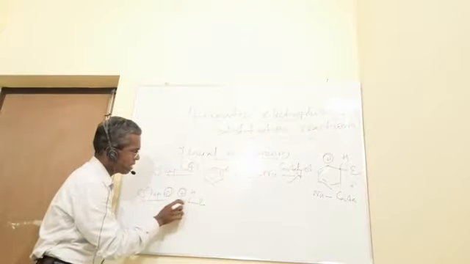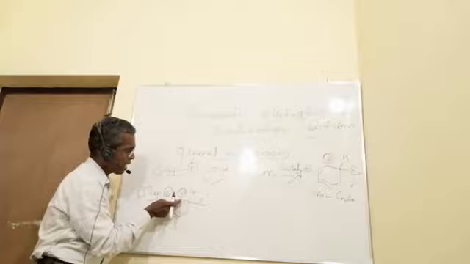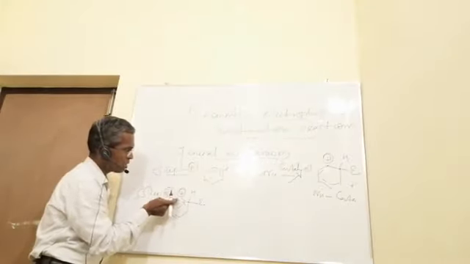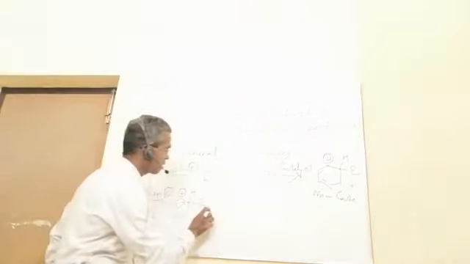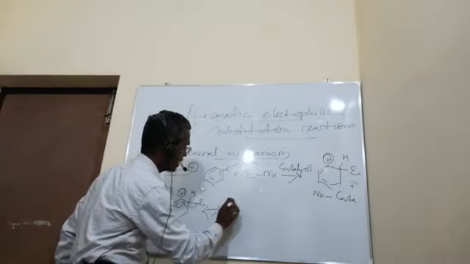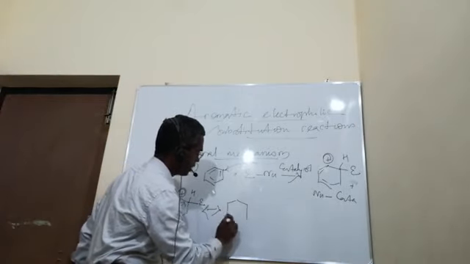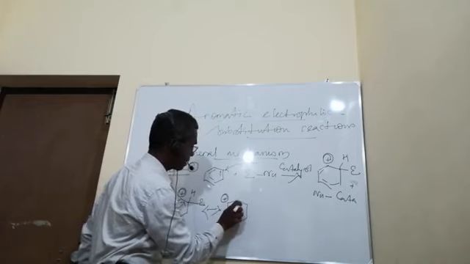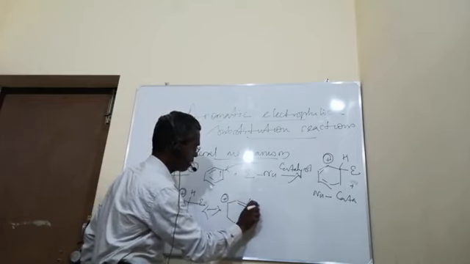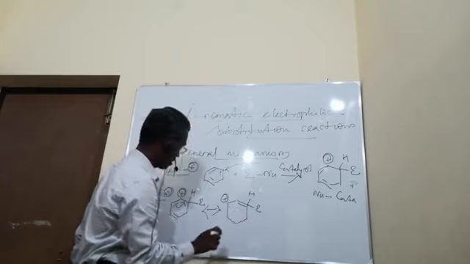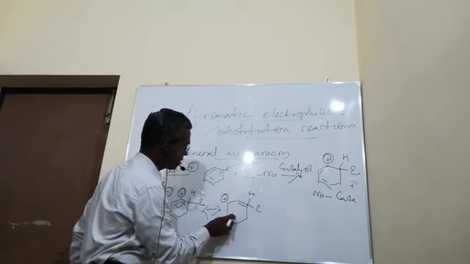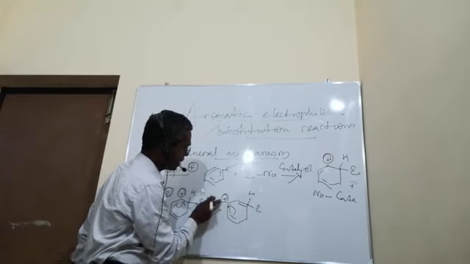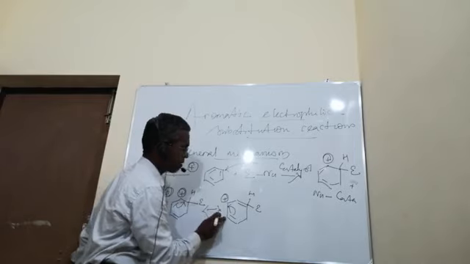This will move here, making the positive charge shift from here to here. We get another resonance structure. Plus comes here and the minus goes here. In the next step, this comes here, making the positive charge come here.